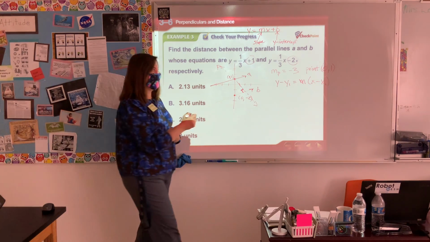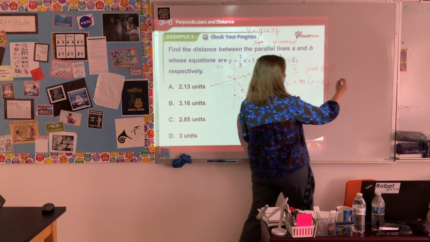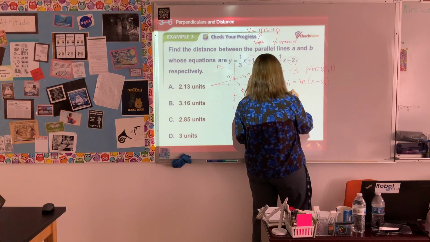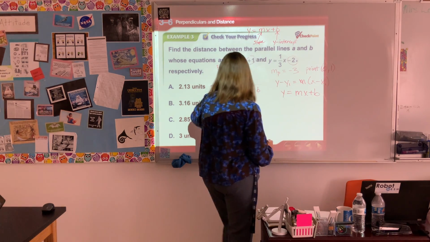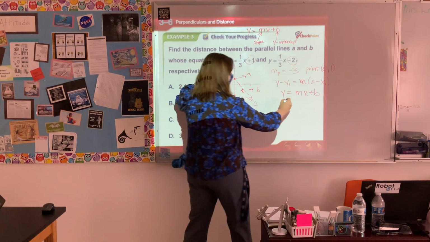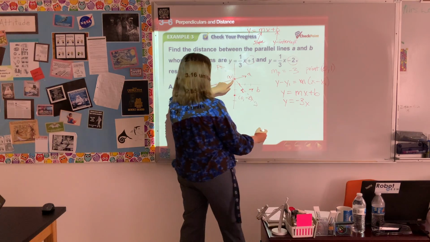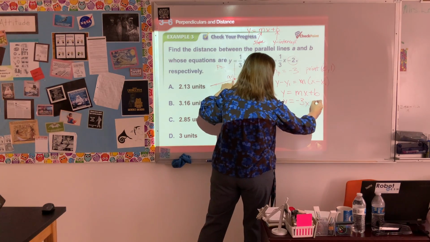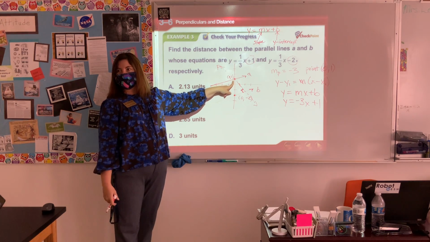Because instead of using point slope form, if I used y is equal to mx plus b for line P, do I know the slope? Yes. Do I know the intercept? Yes. Done.